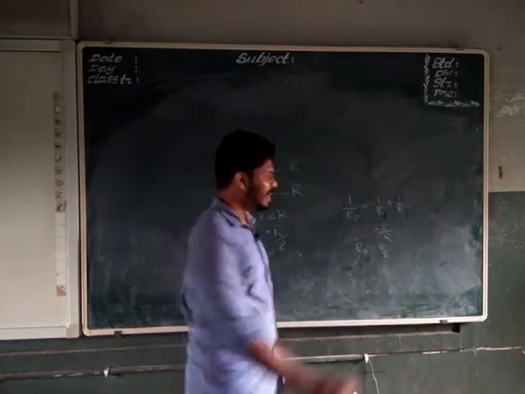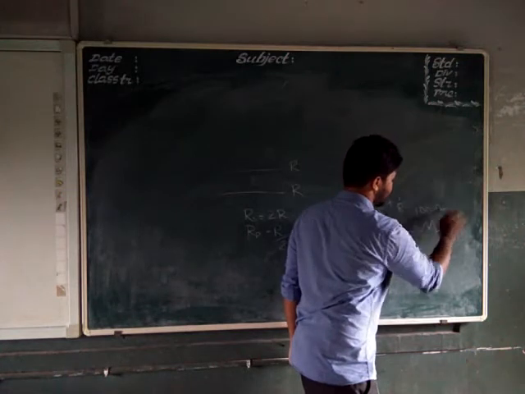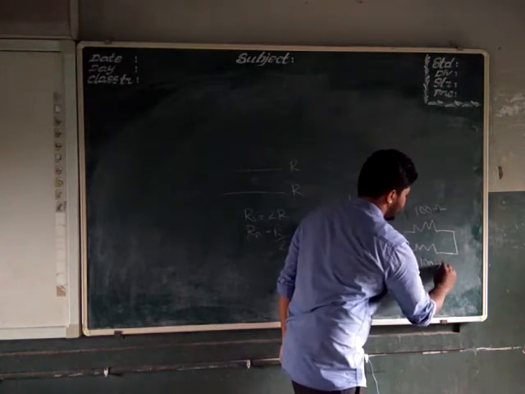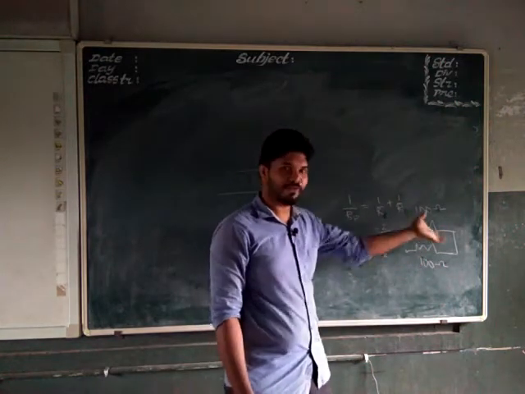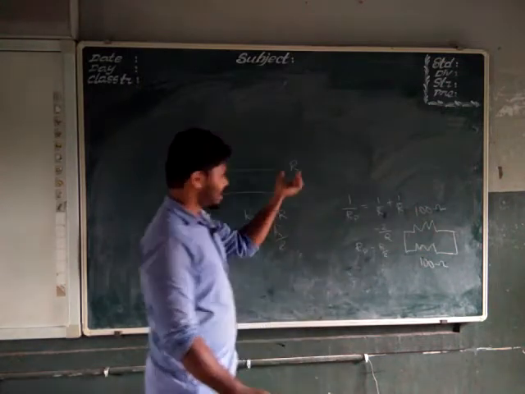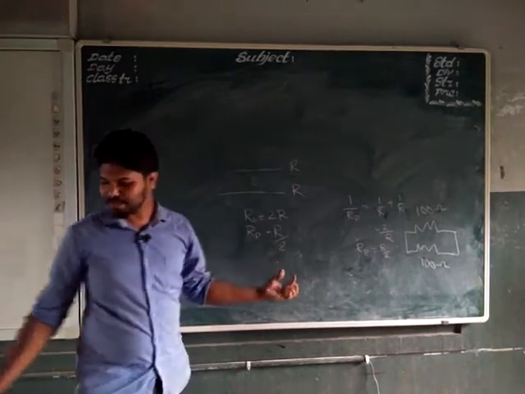It is easy. If anywhere you see two resistors, 100 ohm and 100 ohm, connected in parallel, their equivalent resistance will be 50 ohm, that is half of the individual resistance. Like that here, parallel Rp is equal to R by 2.